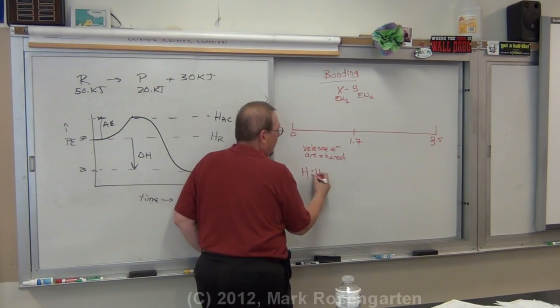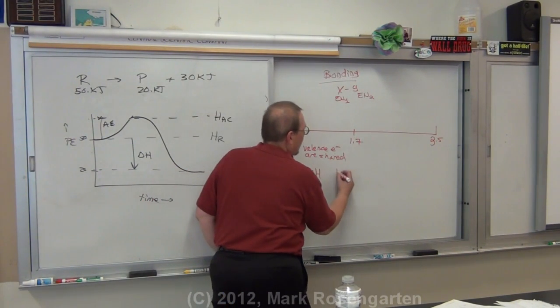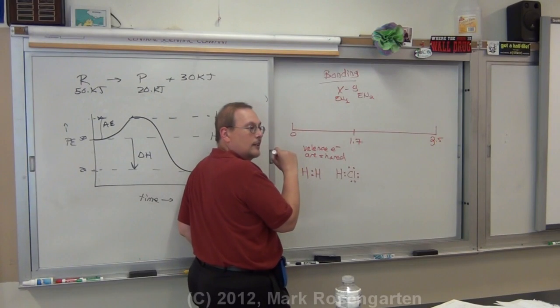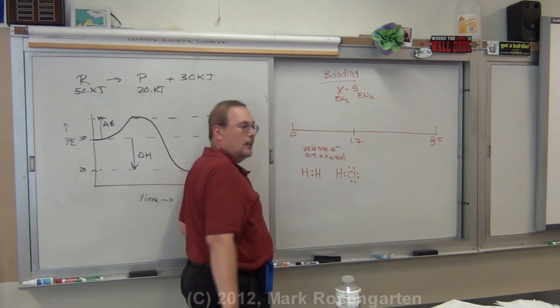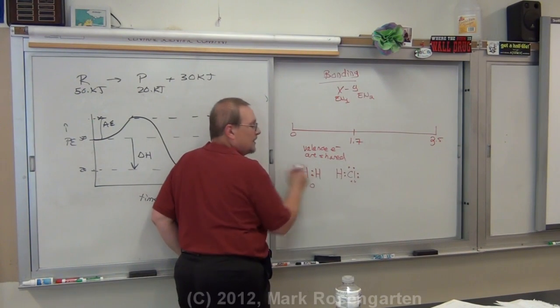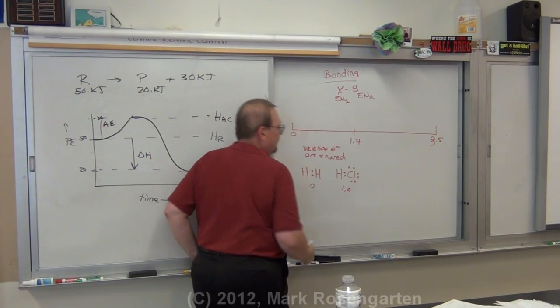Another H has one valence electron. That's a covalent bond. Cl has 7, but only one unpaired valence electron. So they share electrons. This has an electronegativity difference of 0 because they're going to be the same element. H and Cl are a difference of 1.0.